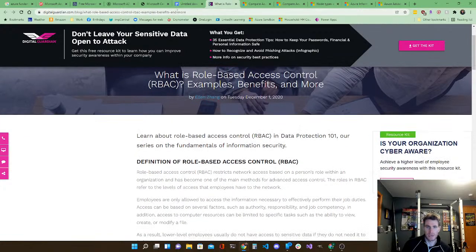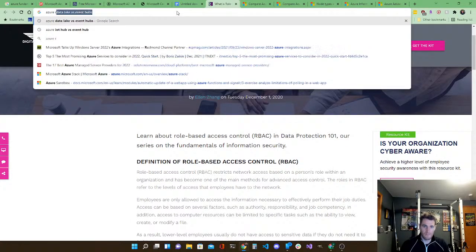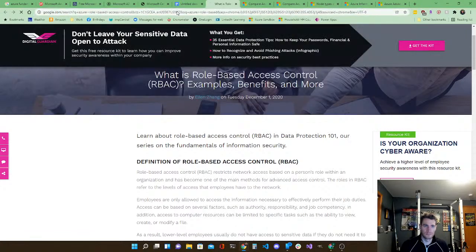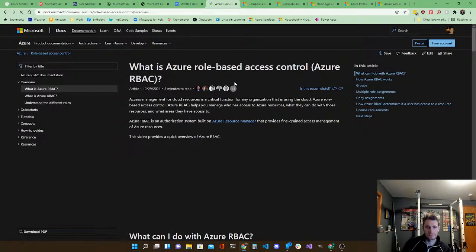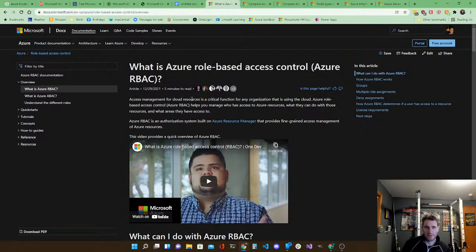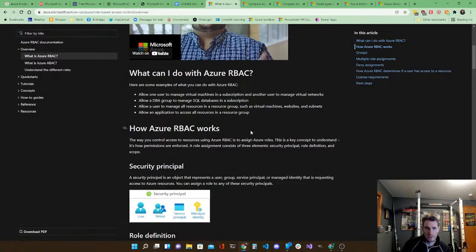And this is not specific to Azure. Azure role-based access control helps you manage who has access to Azure resources, what they can do. It's an authorization system built on Azure Resource Manager that provides fine-grained access management, for example one user to manage virtual machines in a subscription, and another user to manage virtual networks or SQL databases.